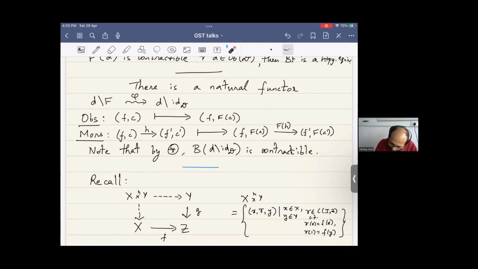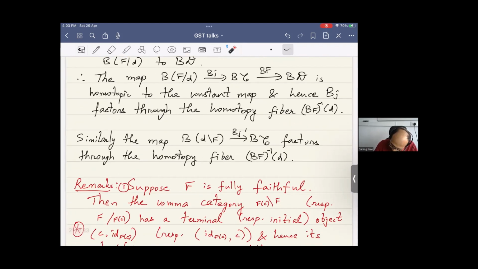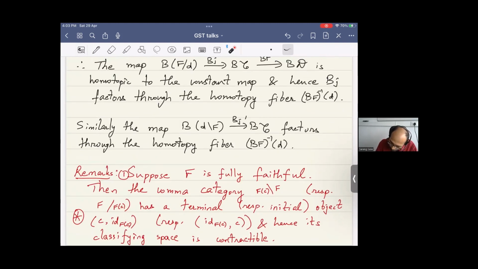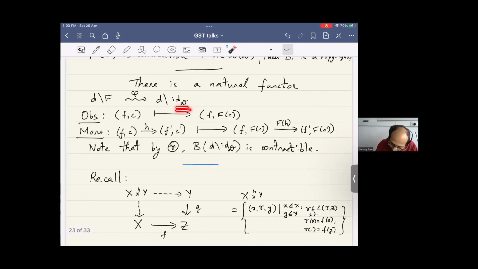Most important, by star. What is star? So star was this comment I made here, that if F is fully faithful, then the comma category has a terminal or initial object. So that was what I called star. And as a result, the classifying space is contractible. Well, here we have the functor identity, which is of course fully faithful, right?